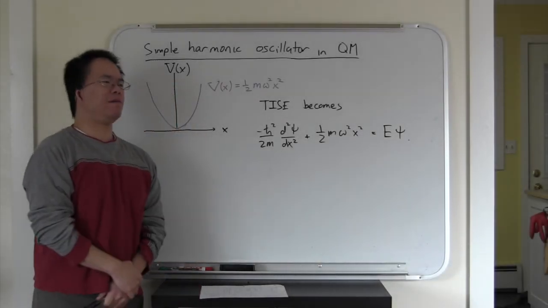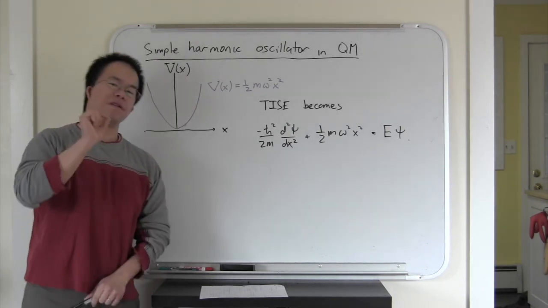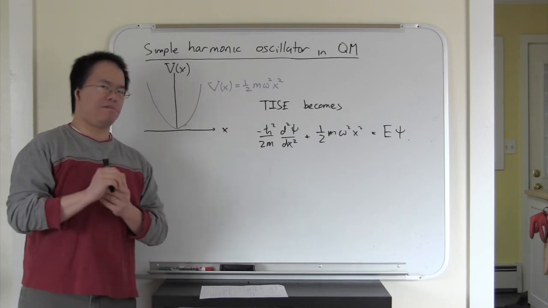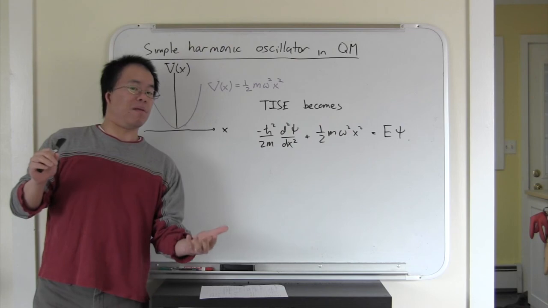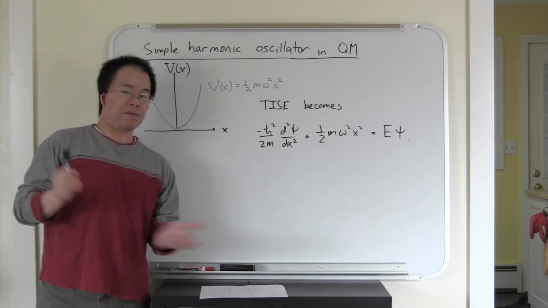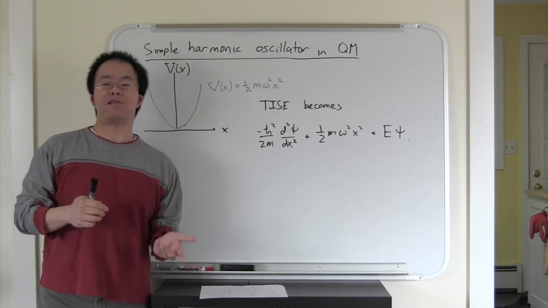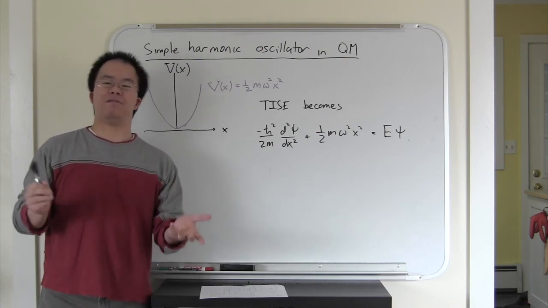Now, right away, we can see that we have a little bit of a problem, right? For the infinite square well, we just knew that the wave function vanished outside the well, and then inside the well, the potential energy was zero. So we were able to turn the time-independent Schrödinger equation into just an oscillator equation that you know how to solve.